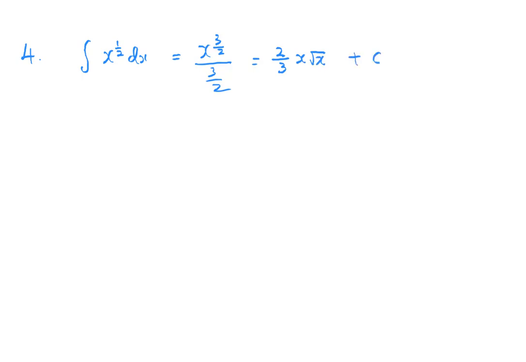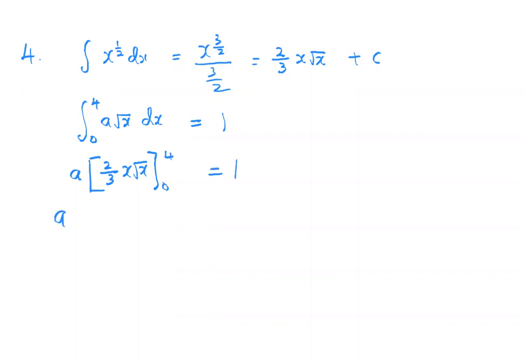Now if I integrate from 0 to 4 of a root x dx, the result must be 1. So this will be 2 over 3 x root x, times a, which you can put outside, from 0 to 4, equal to 1.